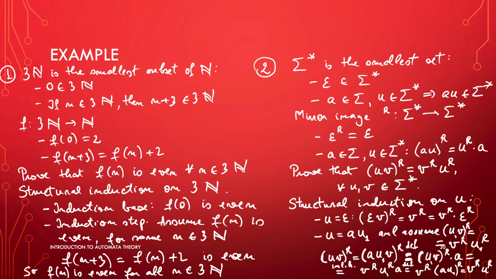So again, this concludes our proof. It follows now that by structural induction on U, the property is going to hold for any U in sigma star, and V was anyway arbitrary, so it also follows that the property is going to hold for any V as well.